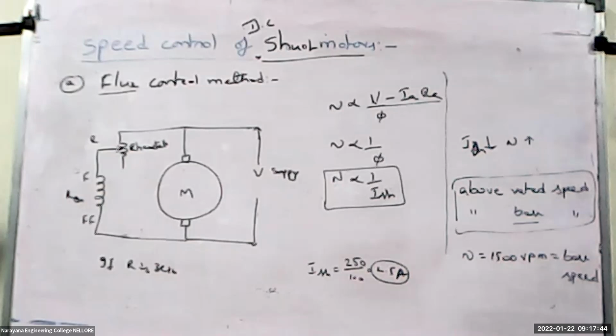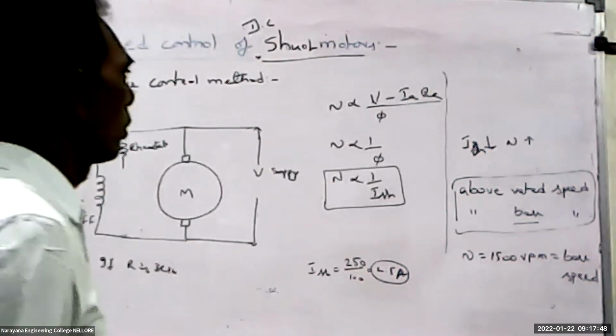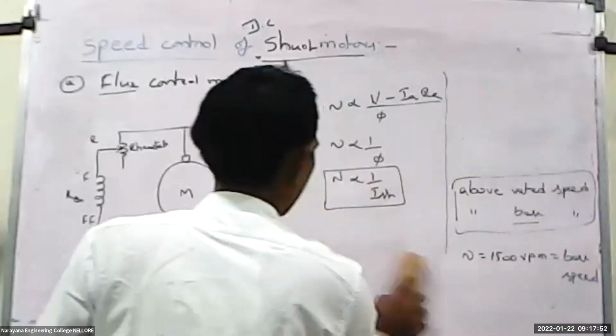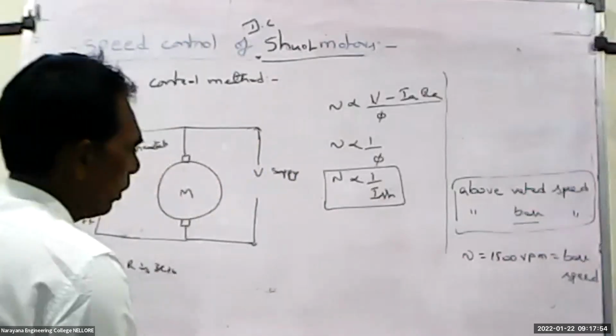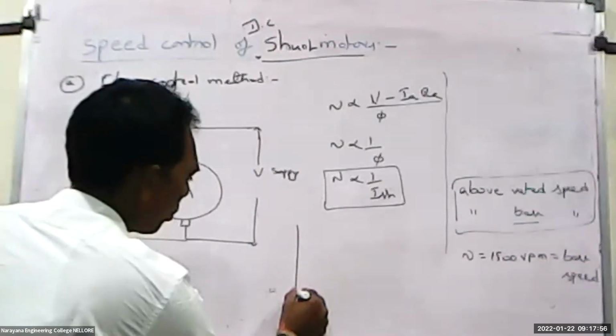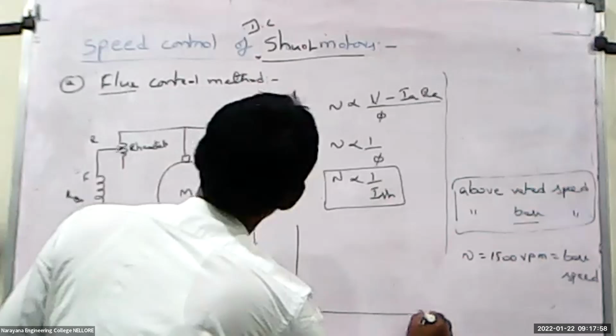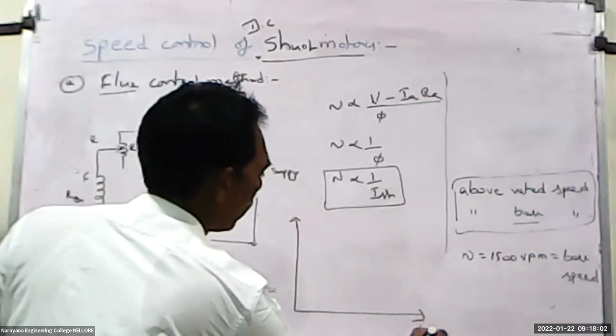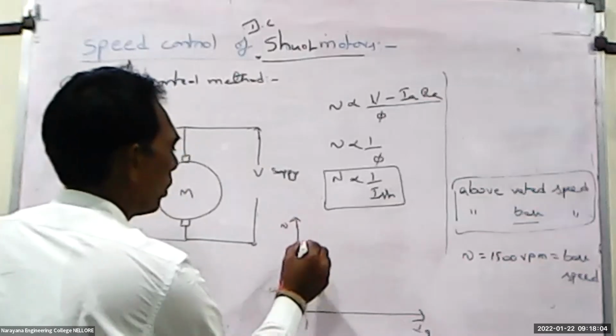Okay, now we'll go for the diagram. Previously I have explained the diagram of the relation between I_A and speed. This is I_A and this is speed.